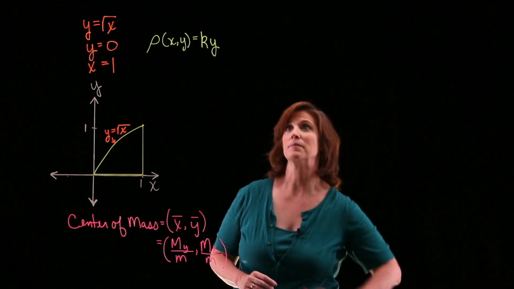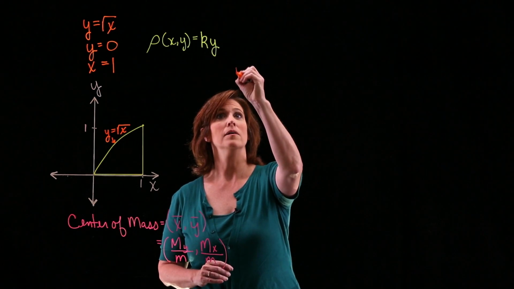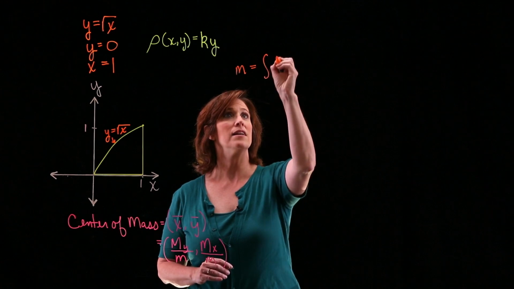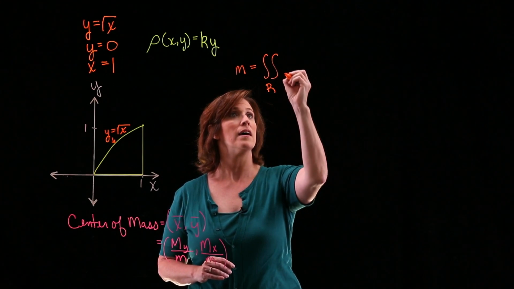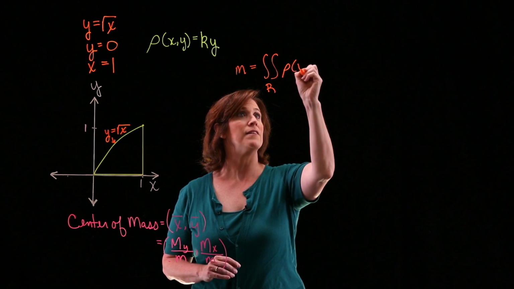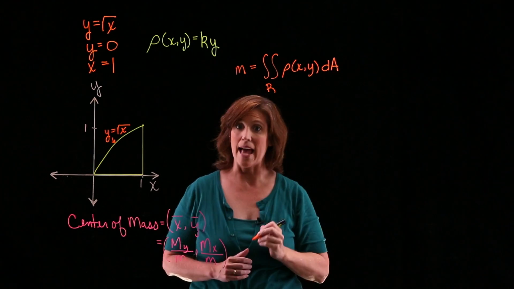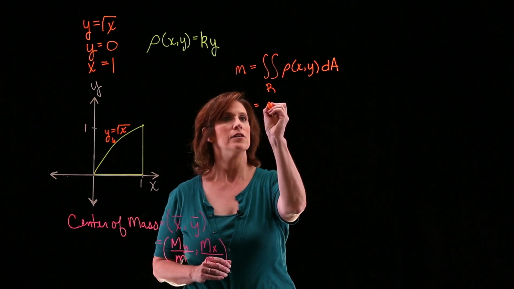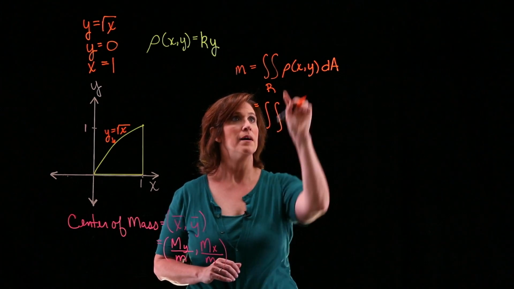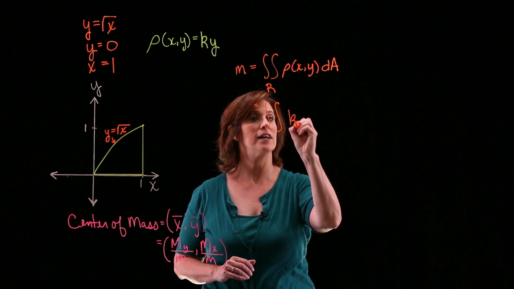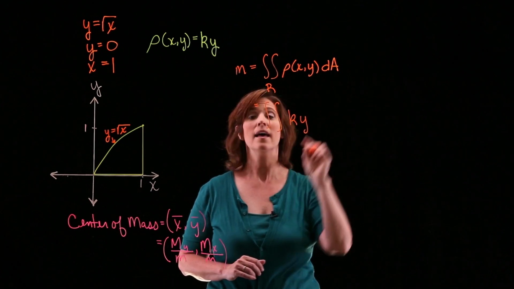So the mass, we know, is the double integral over a region of my density function dA. For this problem, my density function is that constant k times y, dA.